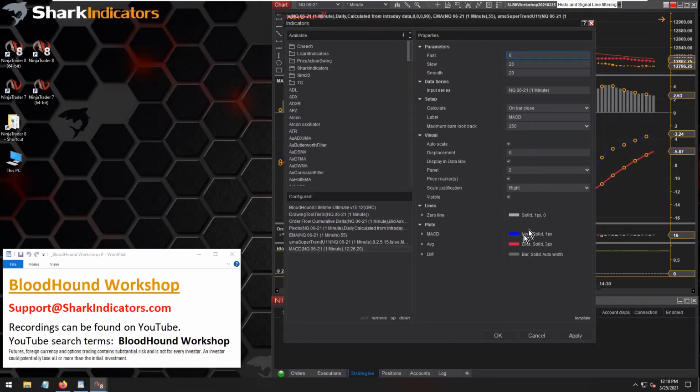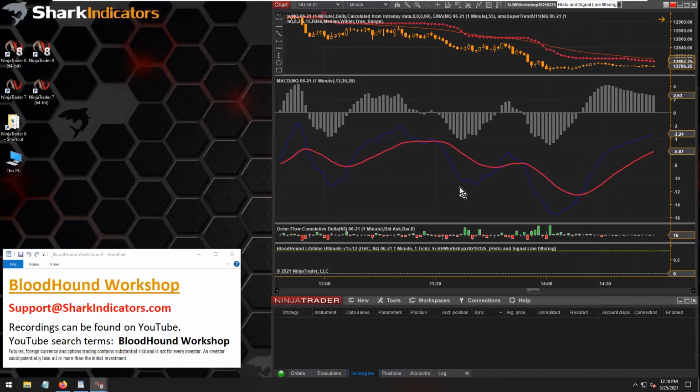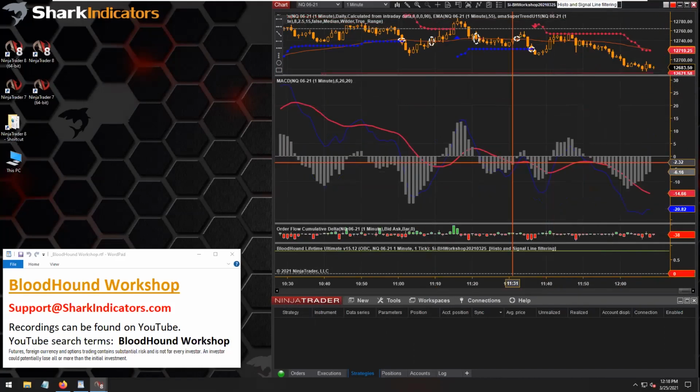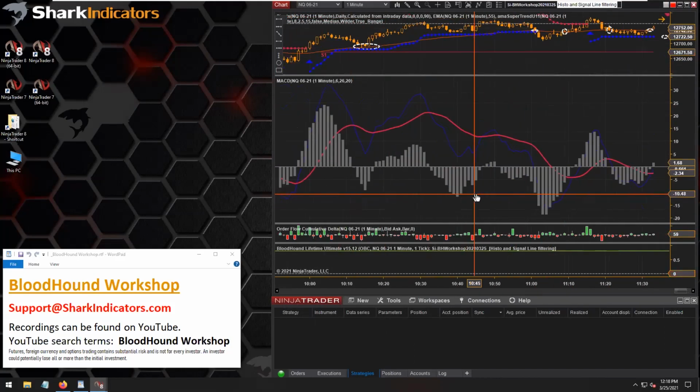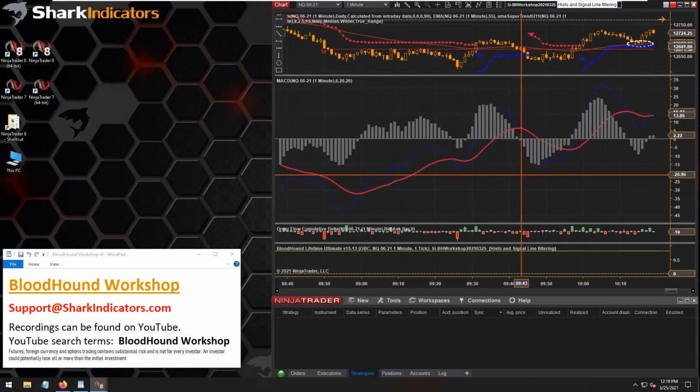Yeah, let's see if I speed up the fast line here, see what happens. All right, I might have one bar here, where we get this inverse relationship between the histogram and the signal line here.